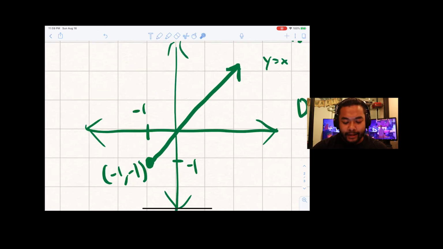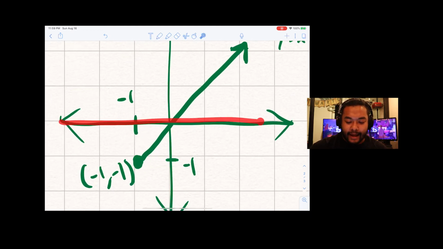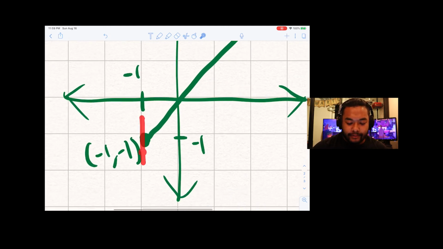And the reason for that, if I look at my x-axis right here, then if I look at the very start of the graph, the smallest possible x value is -1. I can't get x equals -2. I can't get x equals -3. But I can definitely start at x equals -1.